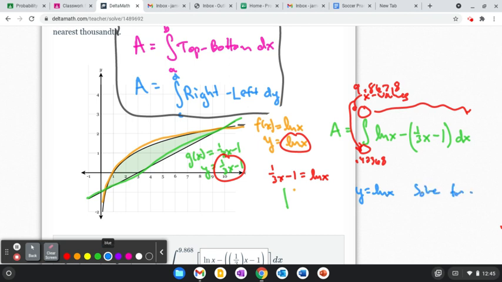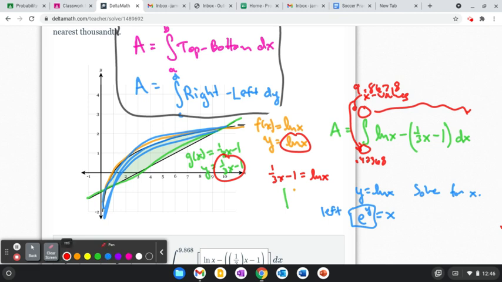To do that, you need to e both sides, so we have e to the y equals x. This is my function e to the y, because I got the x by itself. That is going to be my left function.